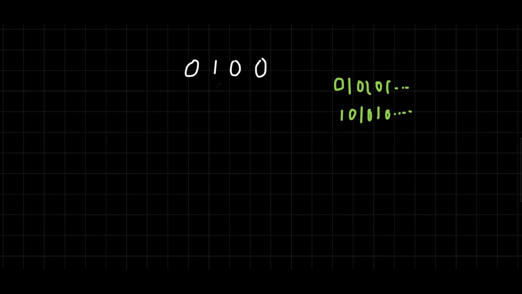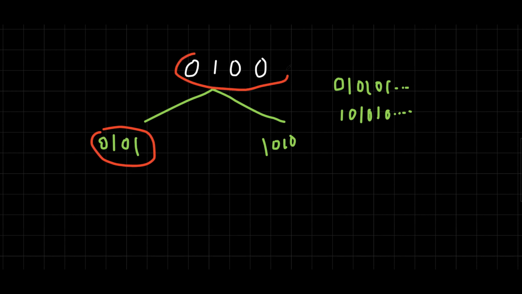So here the string 0100 can become either 0101 or 1010. I hope you understood till now. Now we have to calculate the difference of characters between these patterns and the original string.